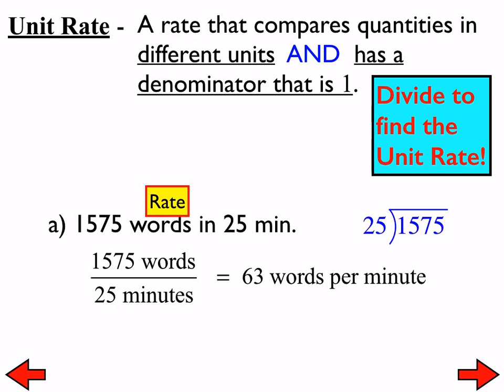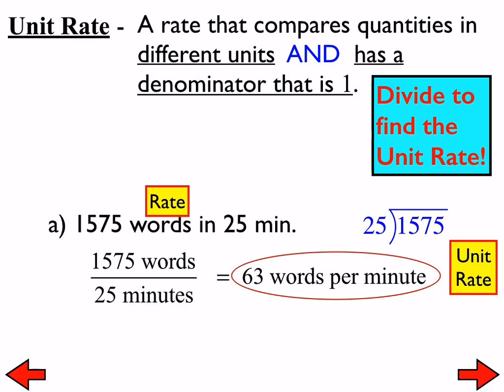And 1,575 divided by 25 is 63. So we write our unit rate, and we need to have units there, 63 words per minute. Now it is a unit rate. 1,575 words in 25 minutes, that is a rate. But 63 words per 1 minute or per minute, that is now a unit rate.